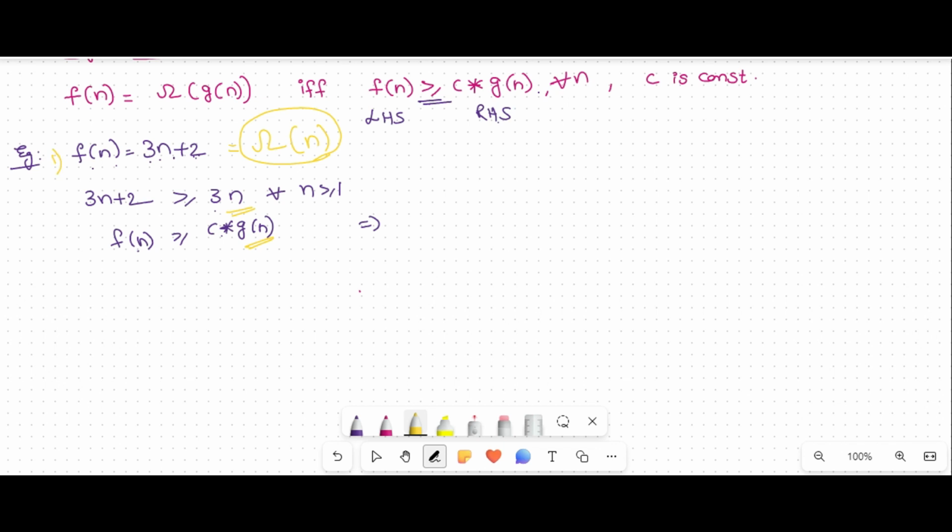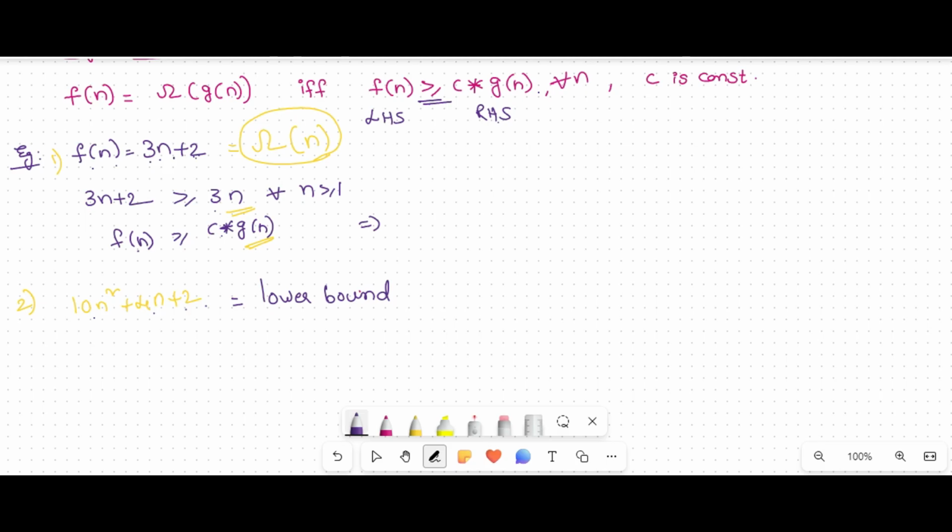Okay, let me take another example, 10n square plus 4n plus 2. For this, I want to represent a lower bound. What is the lower bound for the given function?